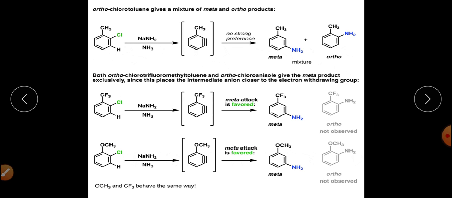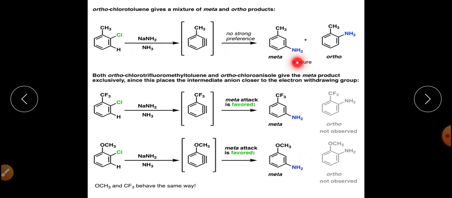Now we have a CH3 group which is attached to this one. This is ortho-chlorotoluene. When we talk about ortho-chlorotoluene, this is the benzyne that has been synthesized, right? And when we talk about the product, now this can attack at this position and this can attack at this position as well.